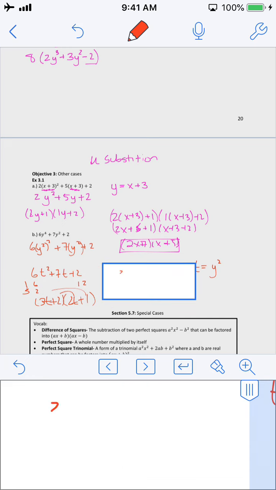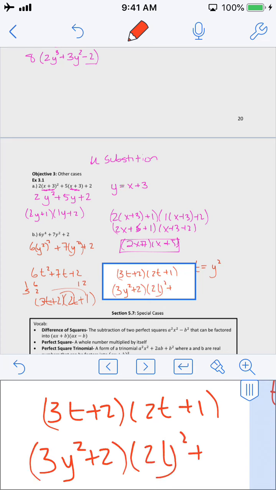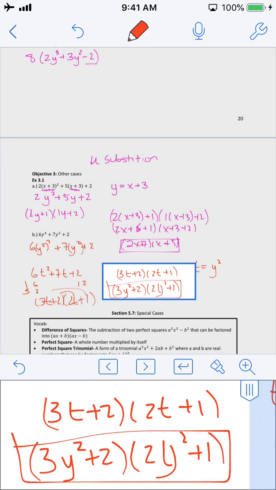So 3t plus 2 and 2t plus 1 would be my factored form of t, but t is equal to y squared, so I gotta make sure I put that back in. And I have factored this. Notice that was a lot easier by just taking out the squared part. Again, it's going to be a little bit of practice to figure out what you need to take out, but these are the two most generic cases that we'll be working with.